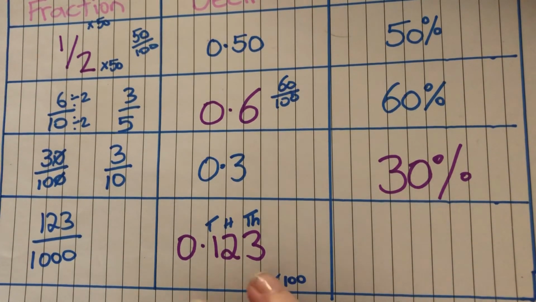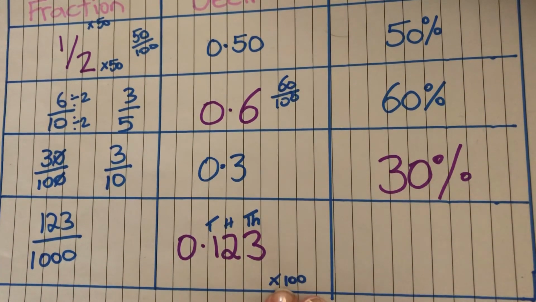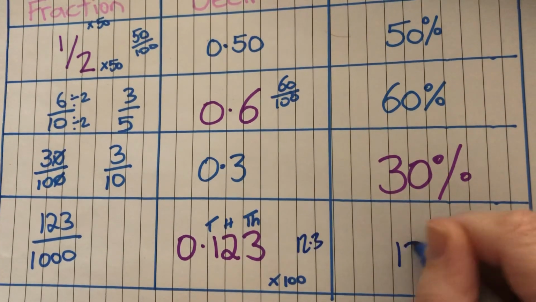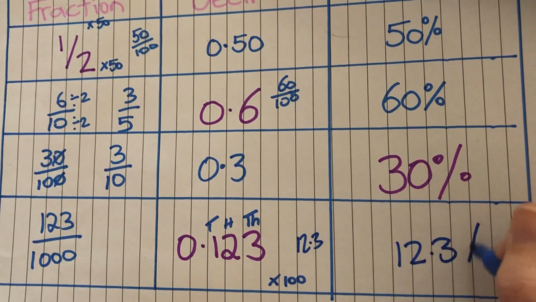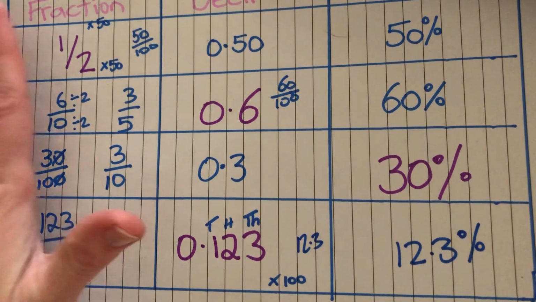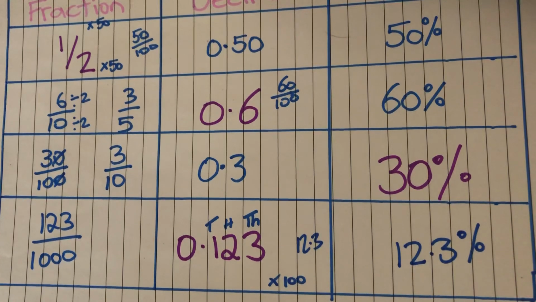So what it means is all of these numbers move 2 places across because we've got 2 zeros there, becoming 12.3, which means we have 12.3%. So that is how we operate between fractions, decimals, and percentages. Okay, I hope that helps.